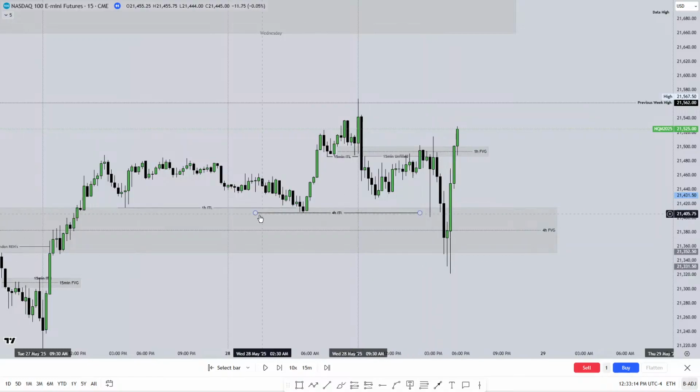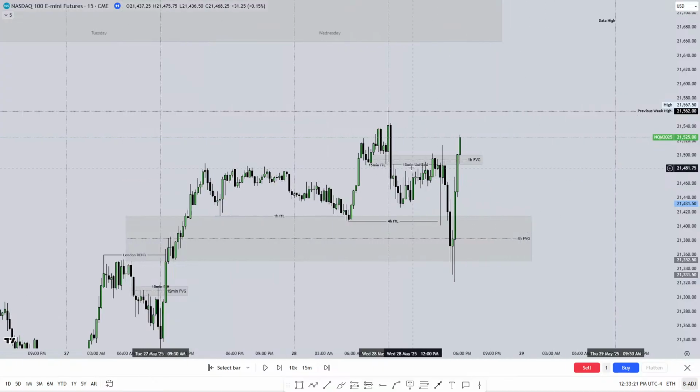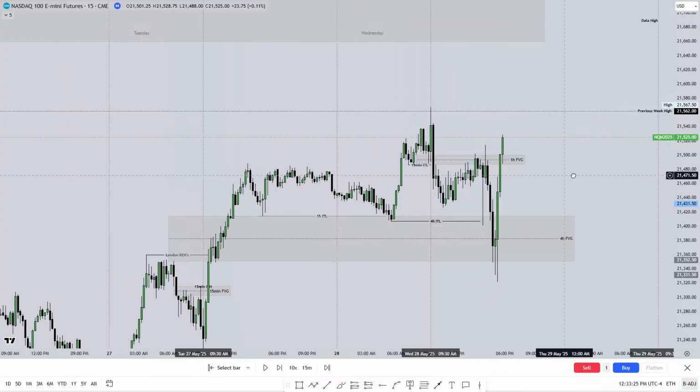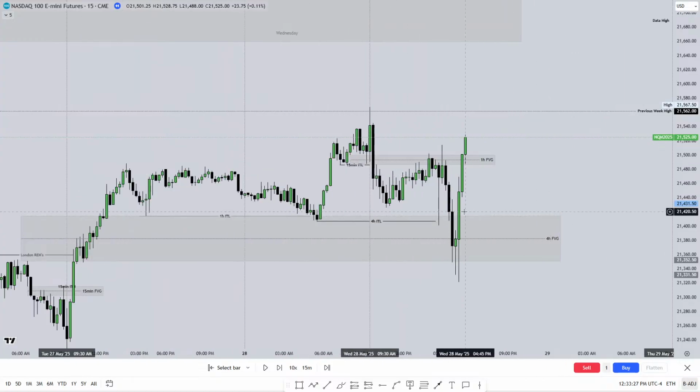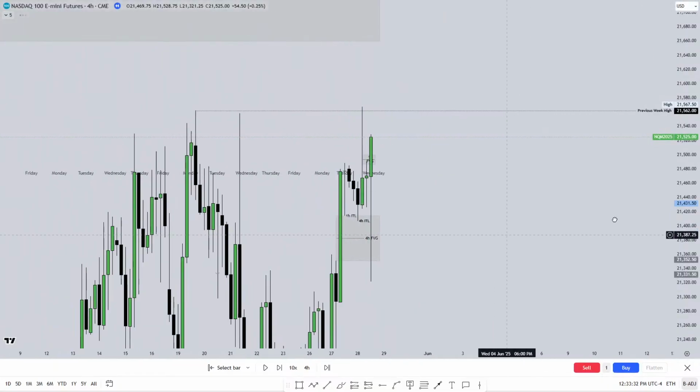So I want to look at this move right here. It looks like PM was actually pretty solid. And okay, so this is the end of the day right here. So let's start taking some screenshots.